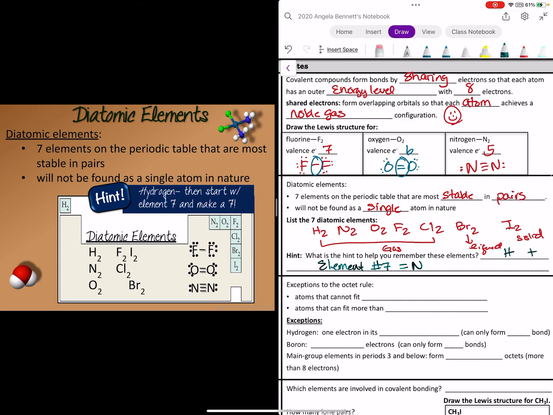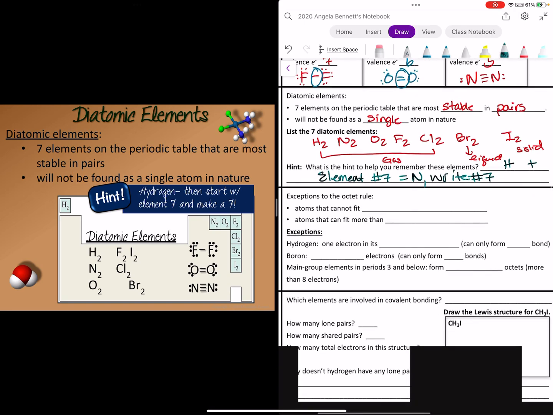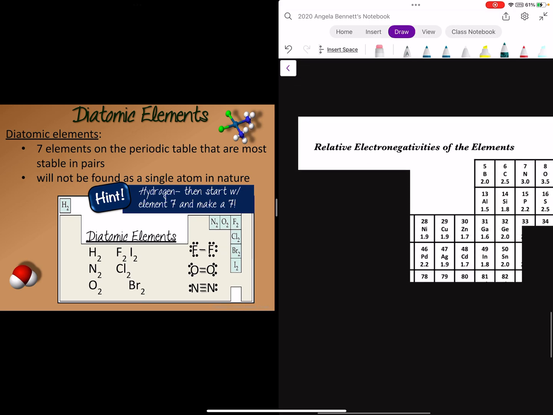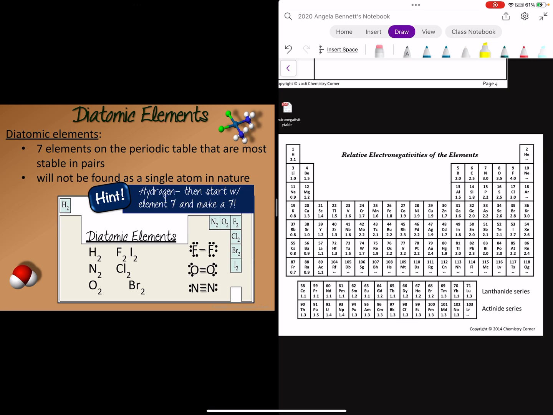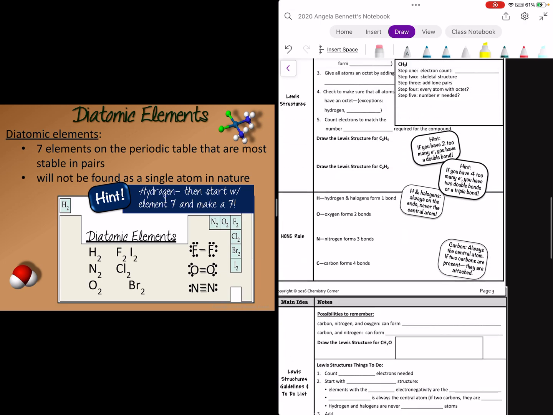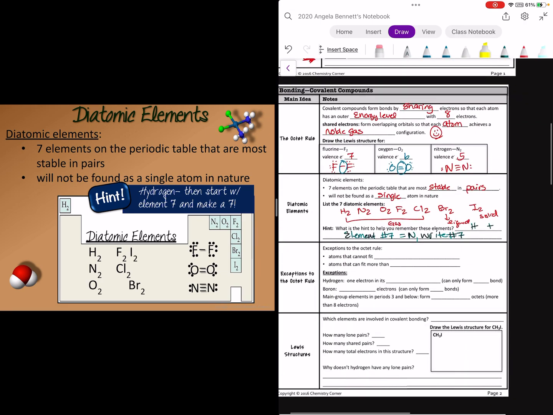Equals nitrogen, and then you write the number 7. Not to make you dizzy, I'm just scrolling down to the periodic table. So you have hydrogen, go to element number 7, and then write a 7. That 7 tells you these 7 elements are the diatomics. You need to remember those always, always, always.